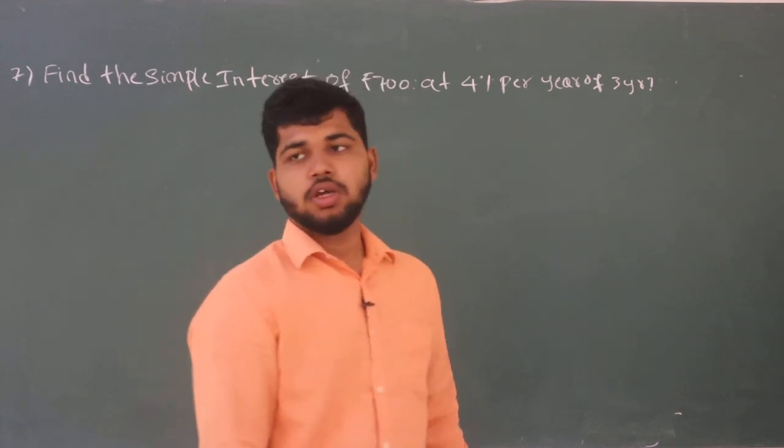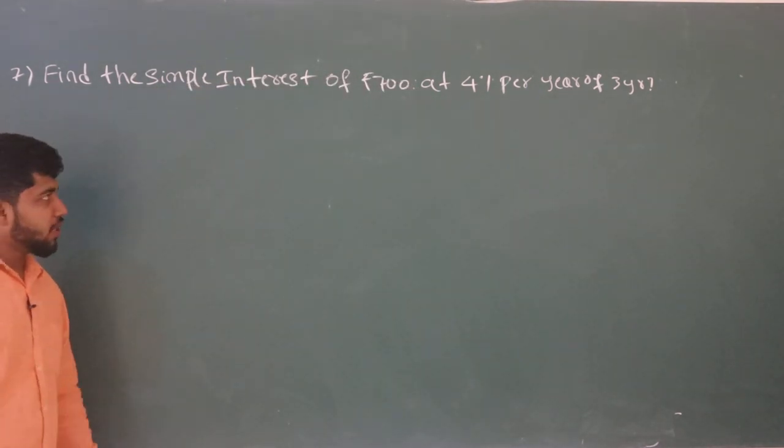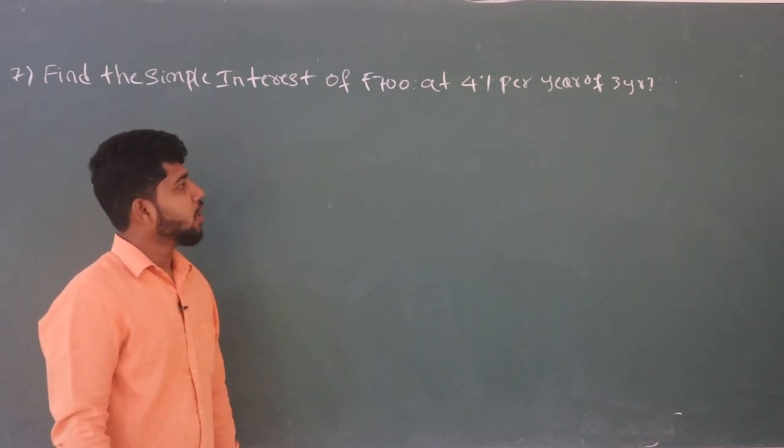Now they ask us to find it directly. Look at the problem here. Find the simple interest of 700 rupees at 4% interest per year for 3 years.